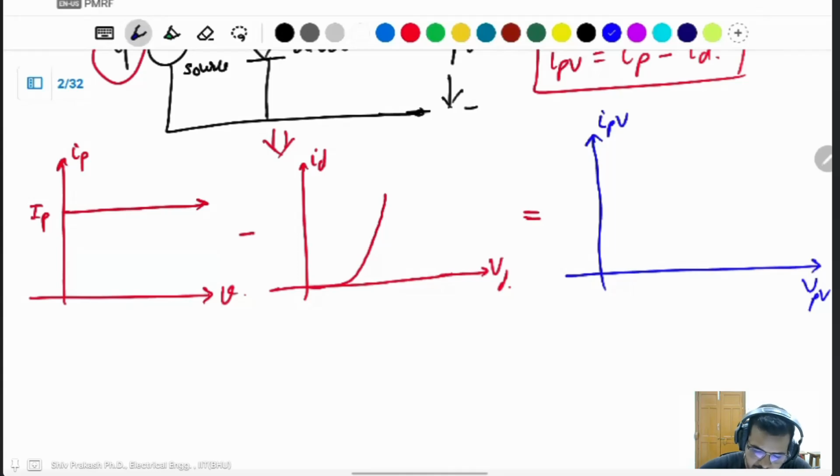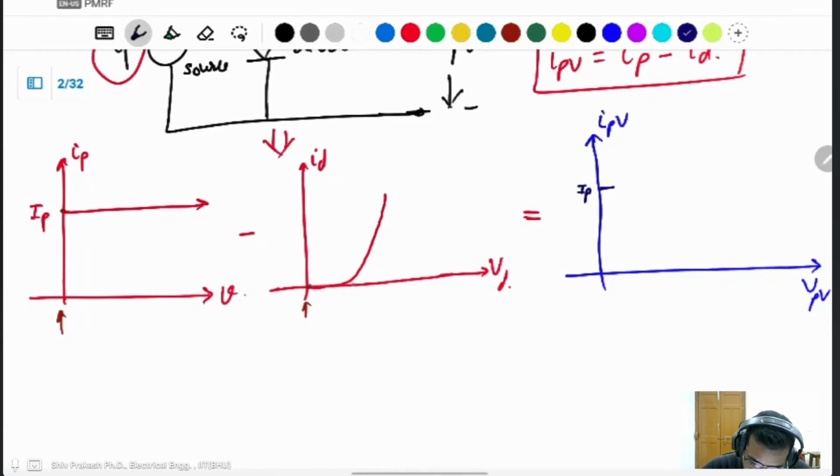You can see here, this is the IP maximum. At the 0 point, diode current is 0 and IP is maximum.